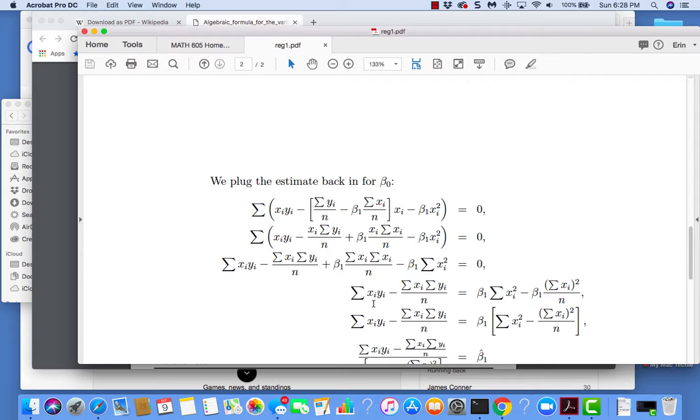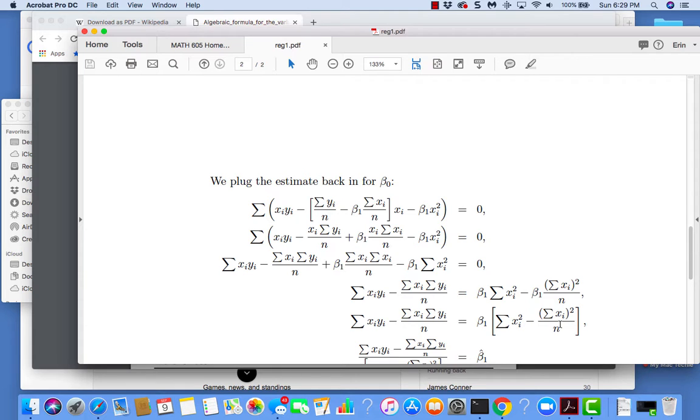So I've got summation of the x i y i minus summation of the x i times summation of the y i over n. I push all the terms that have the beta 1s on the right-hand side. So I have beta 1 times summation of x i squared. I added that to both sides. And then I subtracted the term beta 1, and this term, the summation of the x i times the summation of the x i, is summation of the x i, the quantity squared, over n.